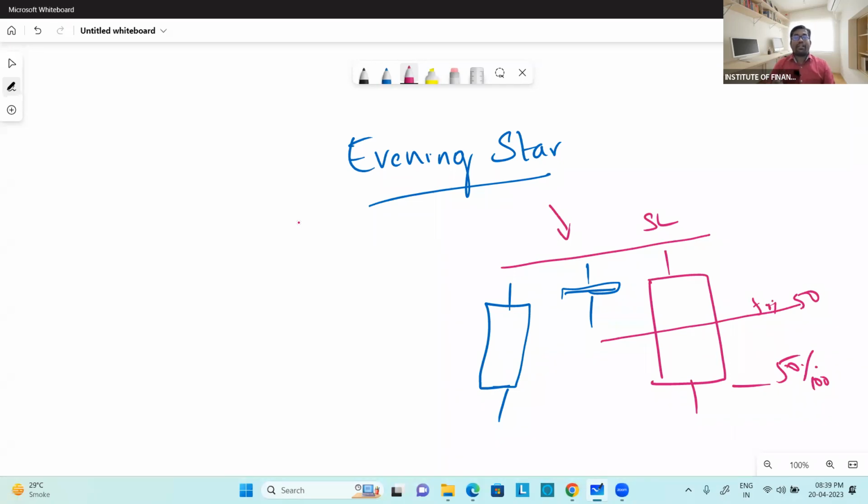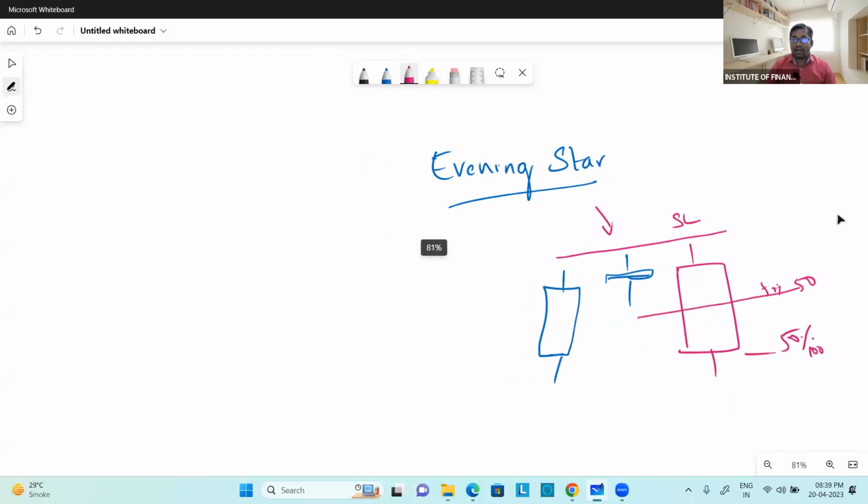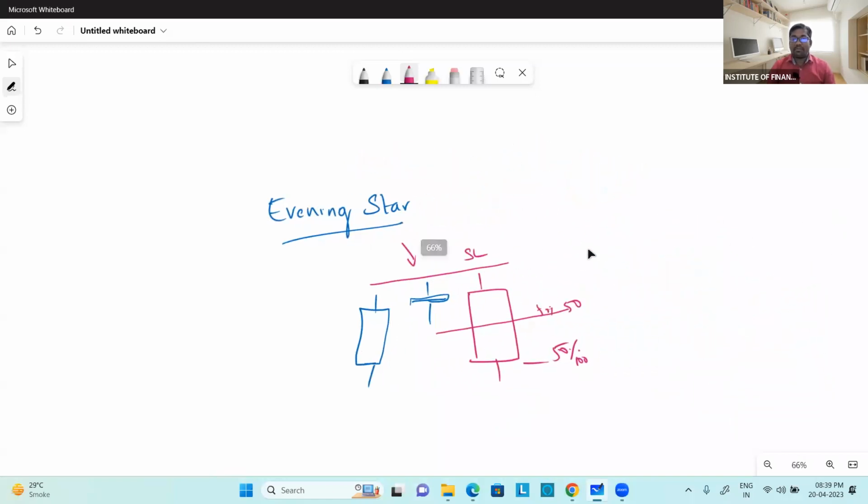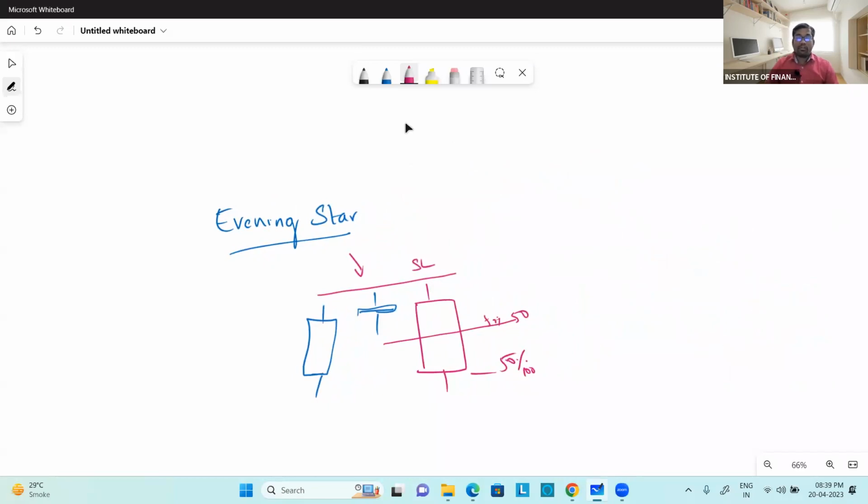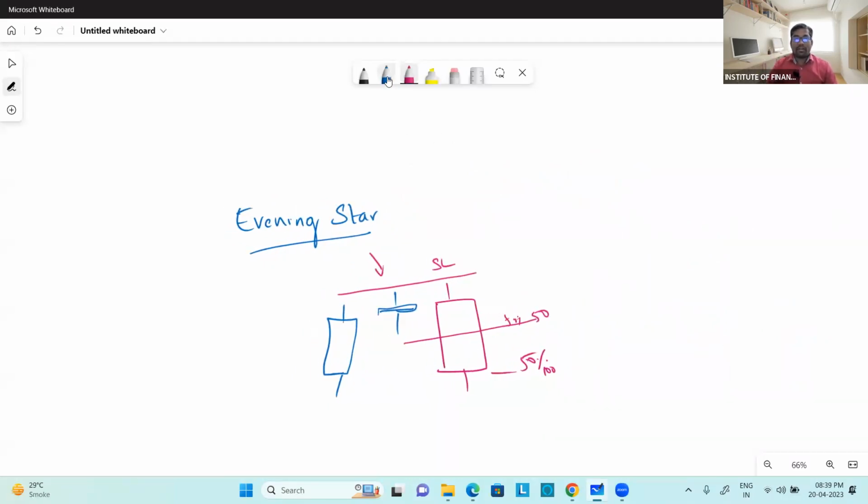How to quantify the signals? It is very simple. I will tell you, understand this. If you can understand this, you will understand a lot of things. This is a green candle, right? What is a very important and major reversal signal in technical analysis?